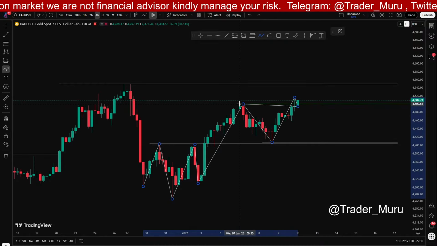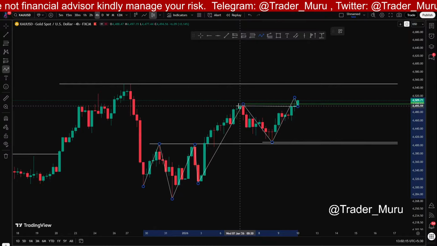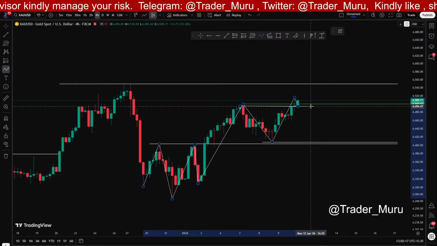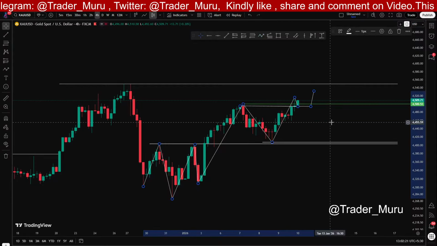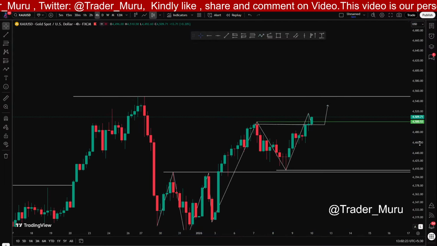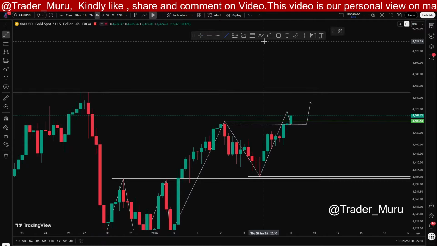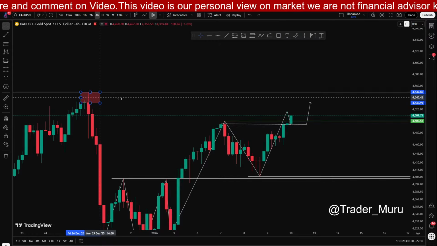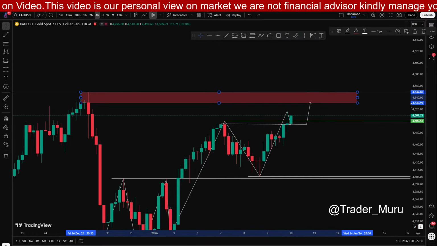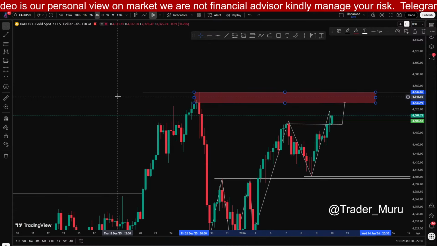After the break of structure, most of the time price retests that area and pumps again. And here we have a recent target and nearest resistance of this zone around 4530 to 4550.